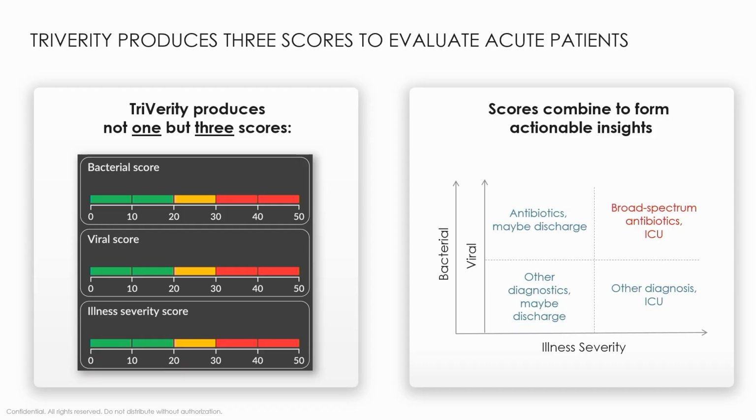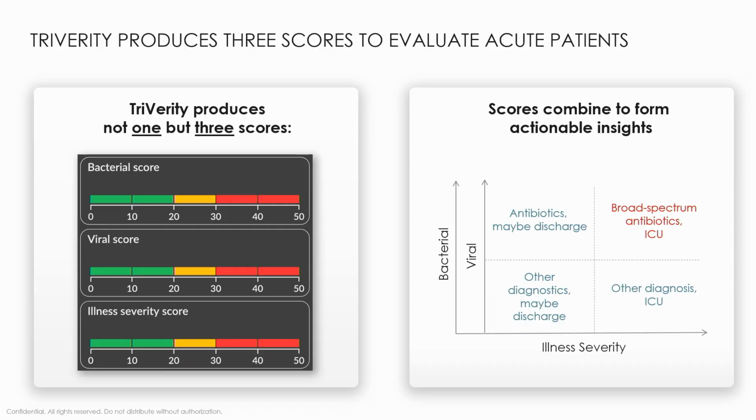Again, I want to point out, illness severity is not the same thing as risk of sepsis. I can tell you that through some of the early experiences with this test, several patients have had low bacterial scores, low viral scores, and high illness severity scores that turned out to be a patient having an MI.